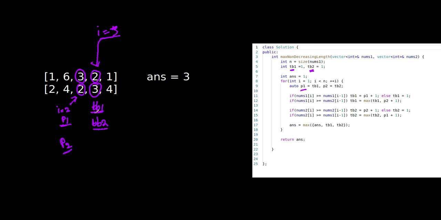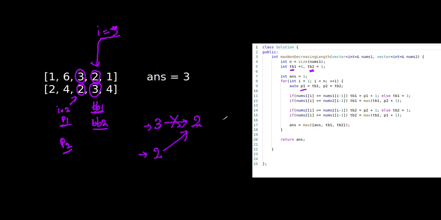Now to calculate for tb1, we have the value 2 from 3, and we have 2. These are from the previous index, from nums1, and this is from nums2. Now we can go from 3 to 2 and from 2 to 2. Now 3 is greater than 2, so we cannot move from 3 to 2.